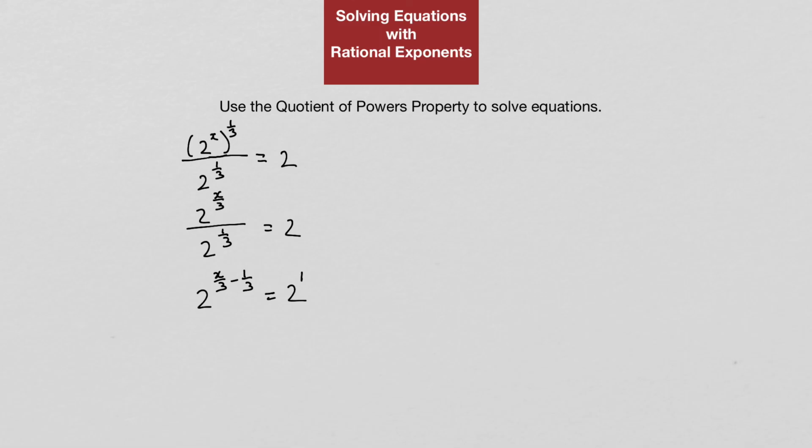Okay, 2 to the 1 power is 2. We don't normally write that because it's redundant. But in this case, we're going to go ahead and write it so that you can see what happens next. And that is x over 3 minus 1/3 is equal to 1. Okay? So I'm going to go ahead and rewrite this equation up here. So we've got x over 3 minus 1/3 is equal to 1.